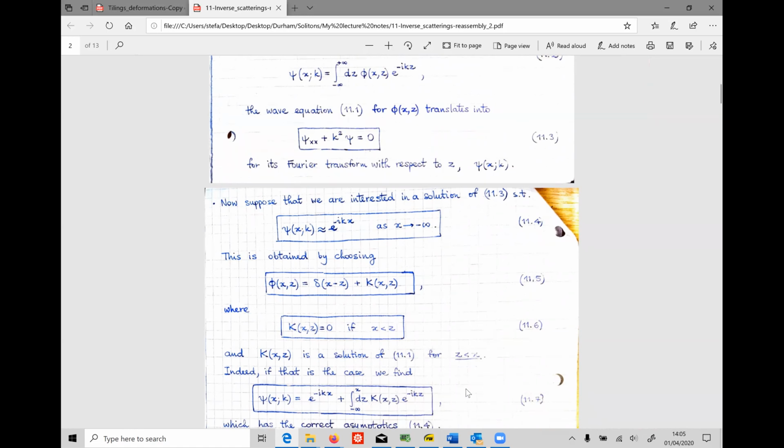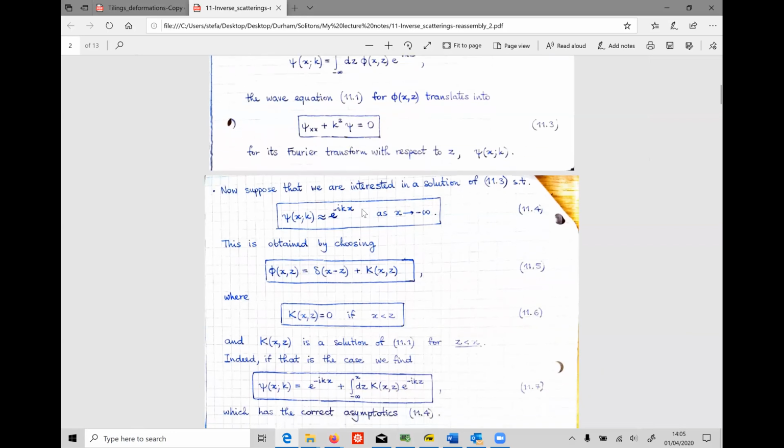And secondly, equation 11.7 has the correct asymptotics that psi goes to e to the minus ikx as x goes to minus infinity, because when we take that limit, the range of integration here vanishes, and so the integral disappears, and we're just left with the first wave factor, this oscillatory exponential e to the minus ikx.